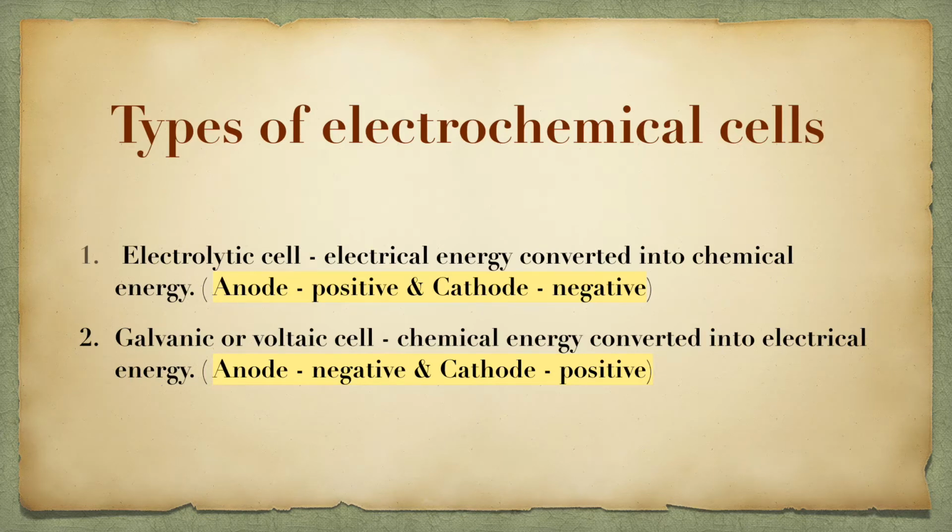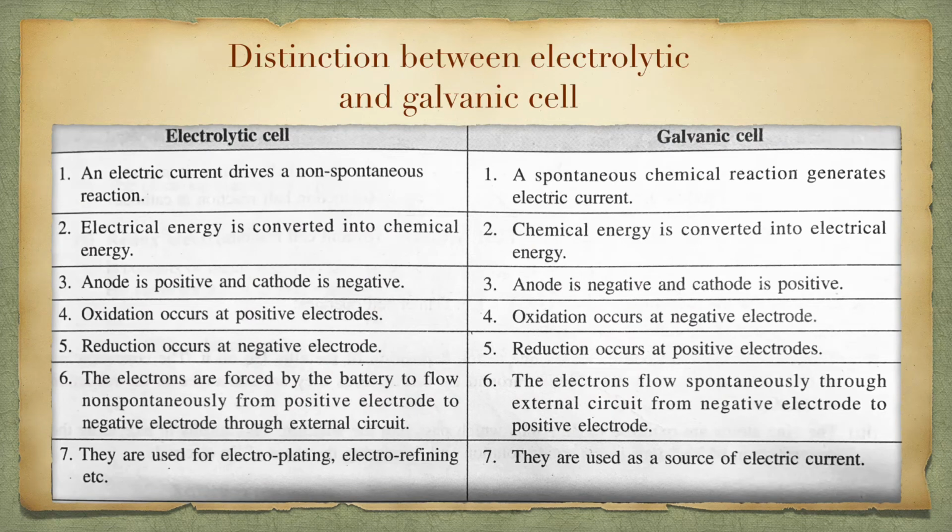Okay. Now we will see the distinguishing points between the electrolytic and galvanic cell. First is the electrolytic cell, then we will write the galvanic cell. First point, an electric current drives a non-spontaneous reaction. As we know, the electrical energy is converted into chemical energy, so by the passage of electric current the reaction occurs. Therefore it is a non-spontaneous reaction.